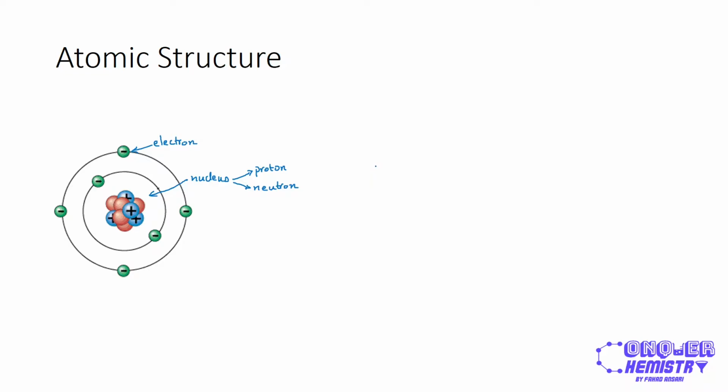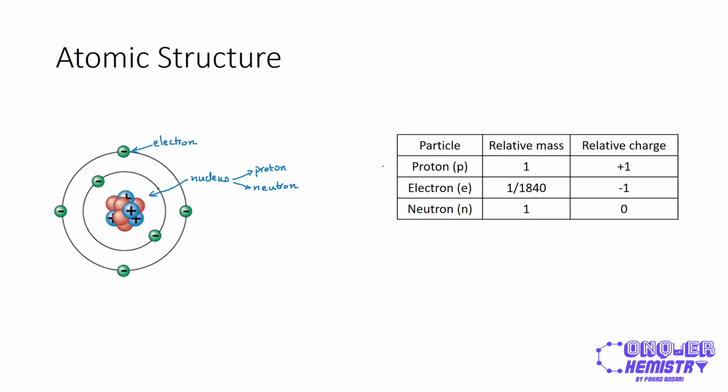Now let's take a look at some of the physical properties of protons, electrons, and neutrons. So protons and neutrons have a relative mass of 1 unit. Electrons, on the other hand, are much smaller than either protons or neutrons. We cannot say their mass is exactly zero. It's negligible.